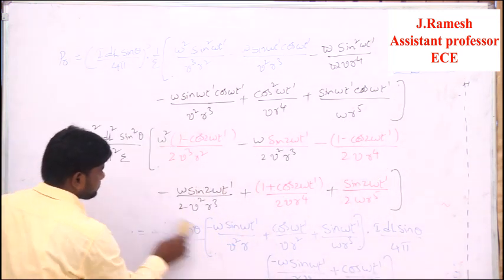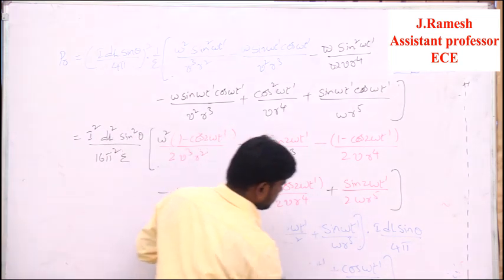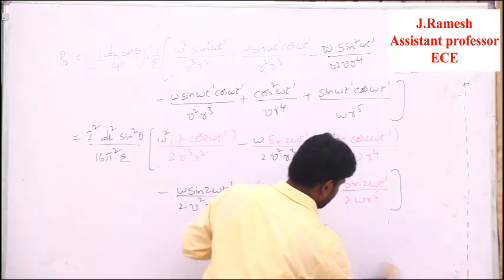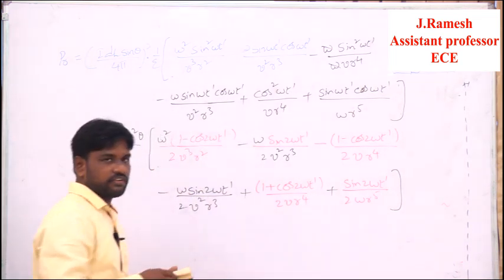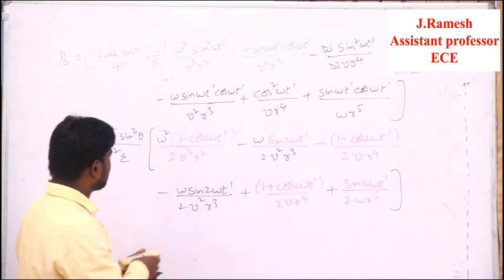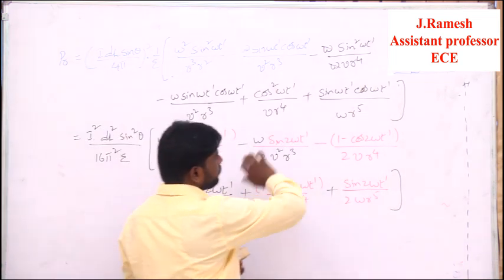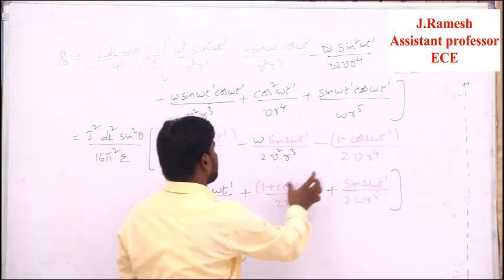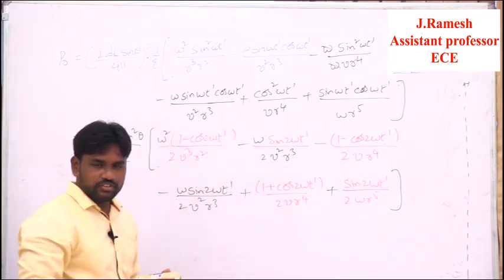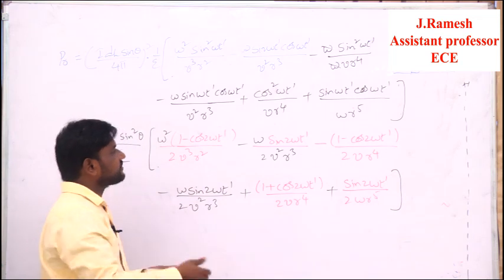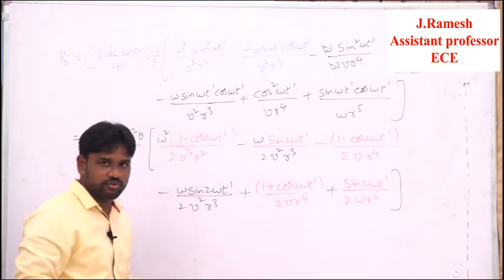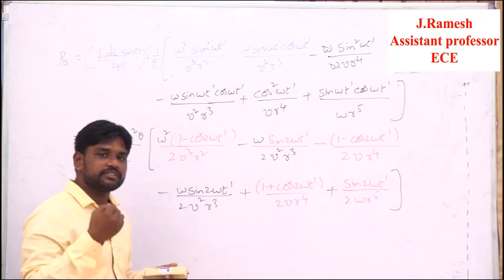Here just observe, there are a lot of terms that consist of 2 theta terms: cos 2 theta, sin 2 theta, cos 2 theta, sin 2 theta, cos 2 theta, sin 2 theta. If you take the average values of cos 2 theta and sin 2 theta, they always become 0.